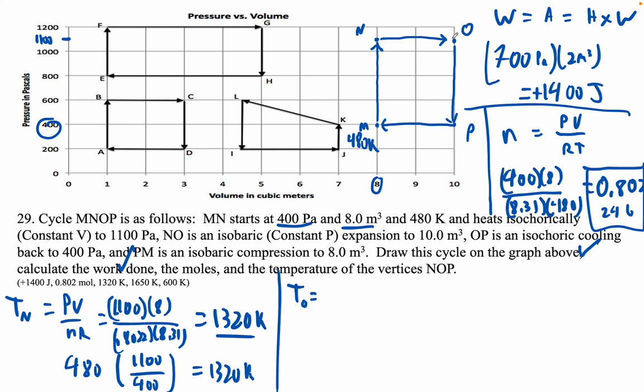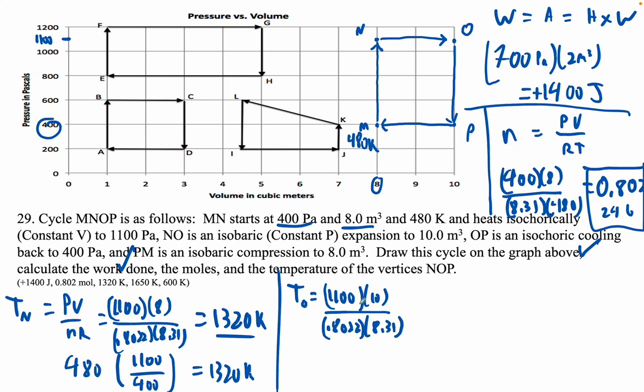Okay. And then we can find the temperature at O. That's going to be, let's look at that. That's 1100. But our volume is now 10, divided by 0.8022 times 8.31. So 1100 times 10 divided by the number of moles divided by 8.31.